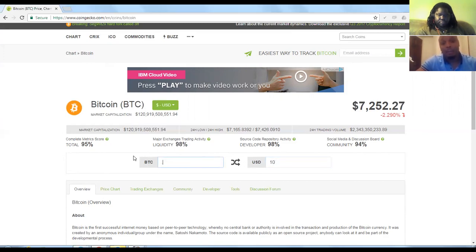And that same 0.1 BTC right now is worth over $700. So that gives you a better understanding of Satoshi and converting US dollars into Bitcoins and BTC.